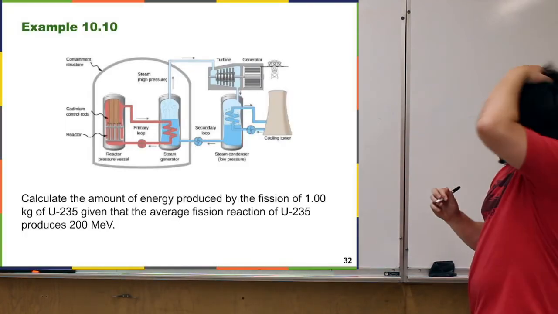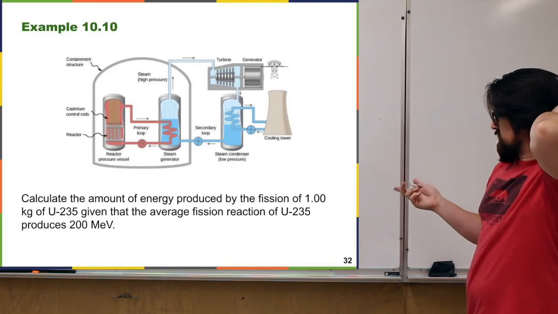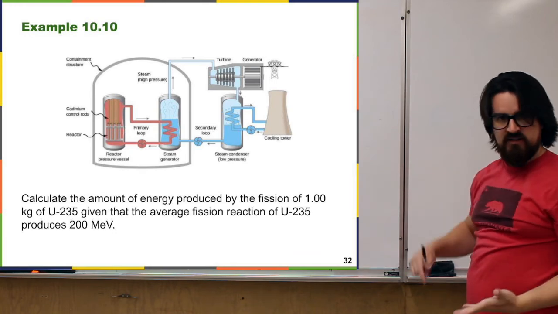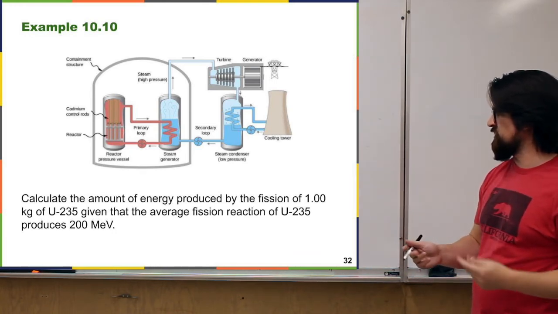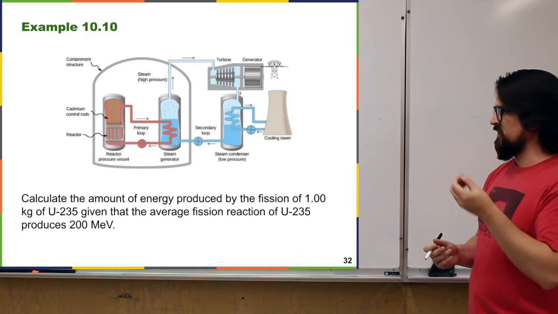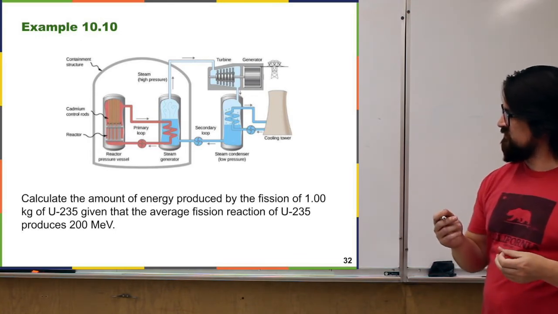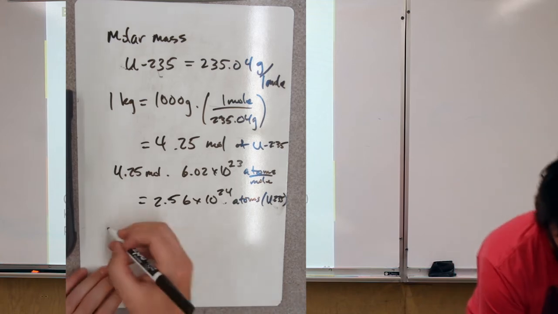So how much energy is produced then for that many atoms of uranium-235 if the average energy released per fission, or per uranium nuclei, is 200 mega electron volts?